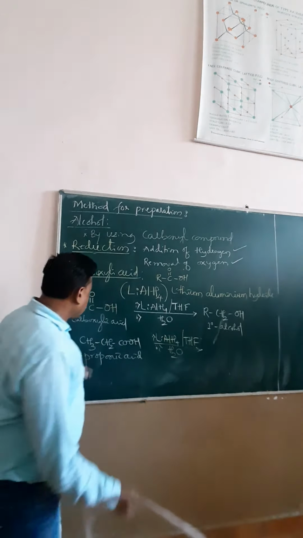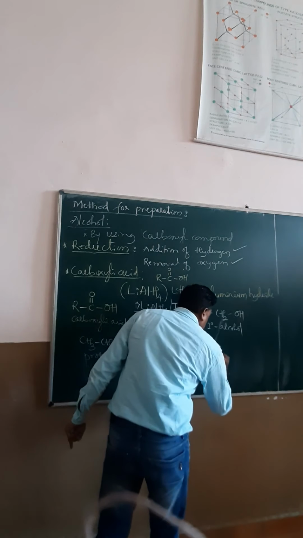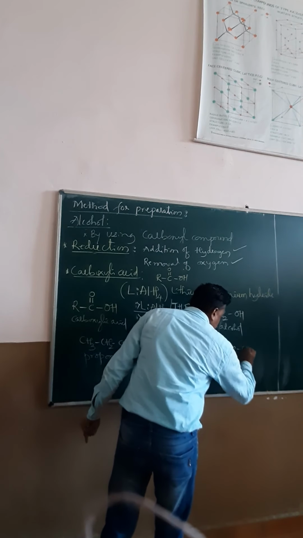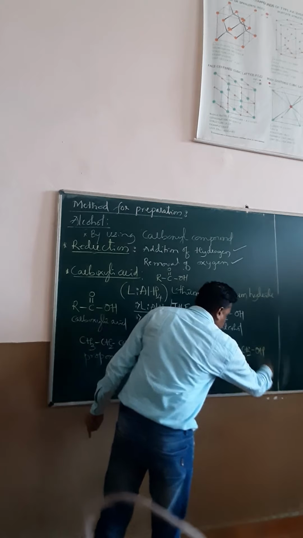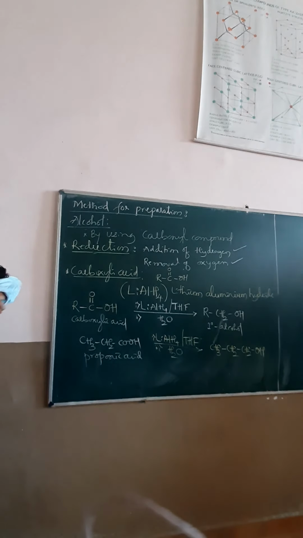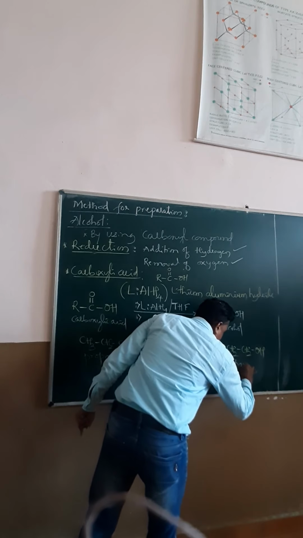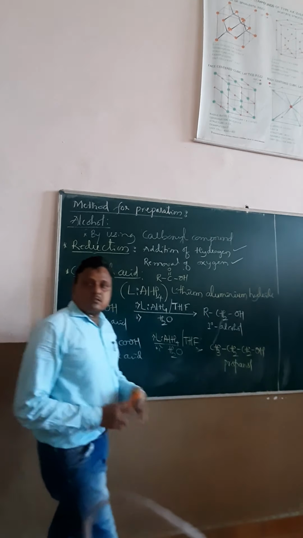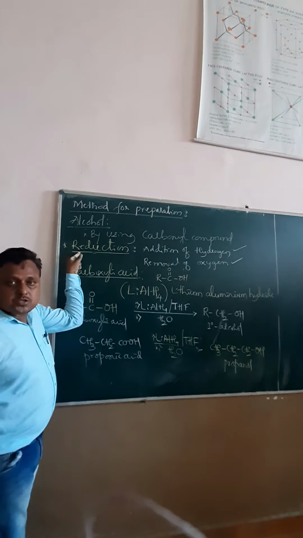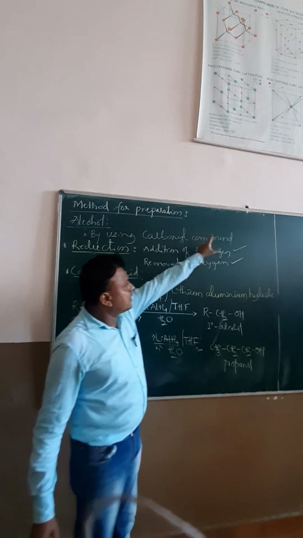Now once again you get the compound CH3CH2CH2OH, with the same 3 carbons. The propionic acid gives us propanol. This is the third reduction reaction of carbonyl compounds.